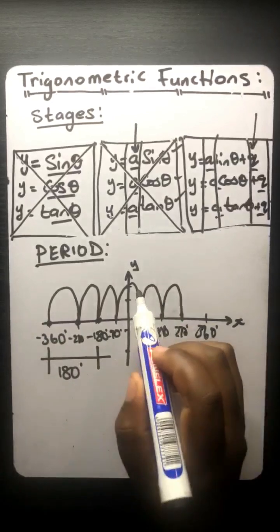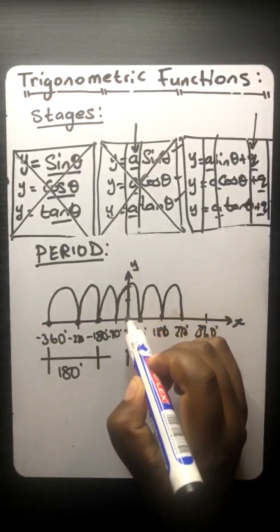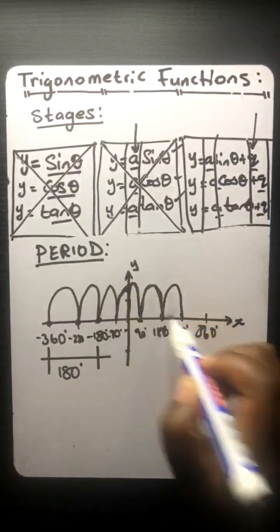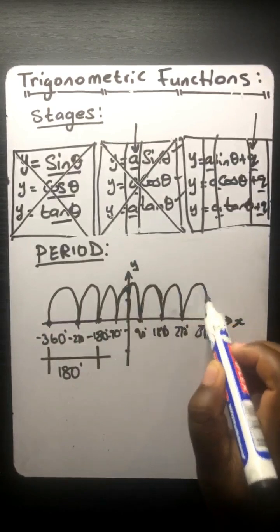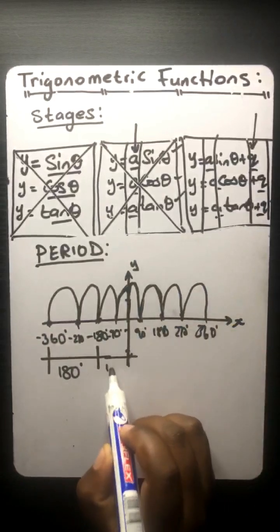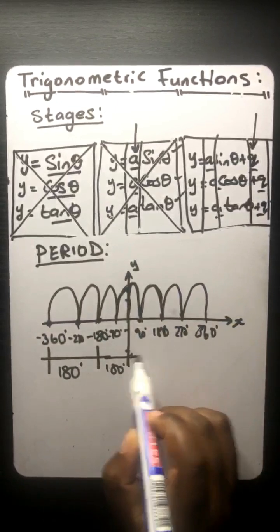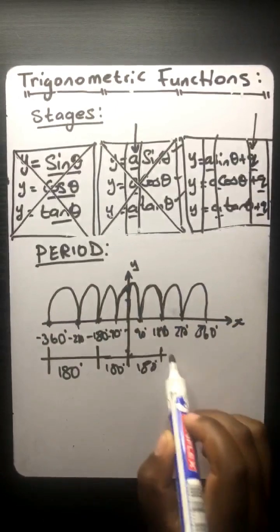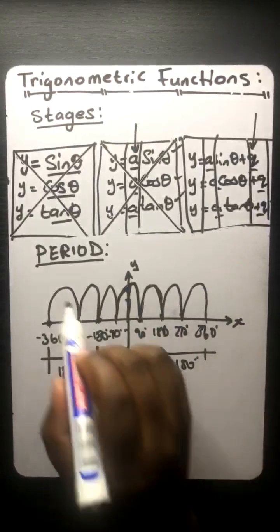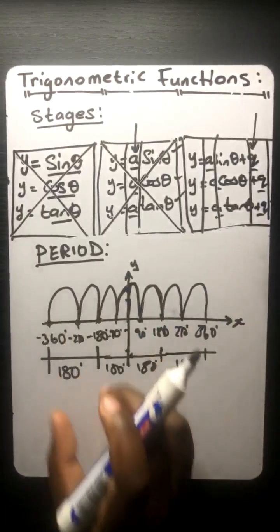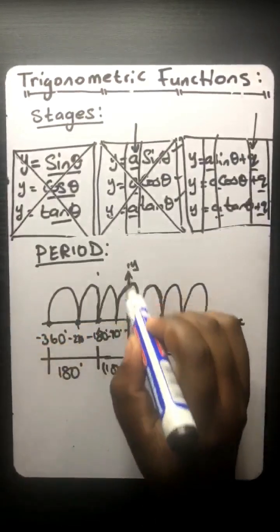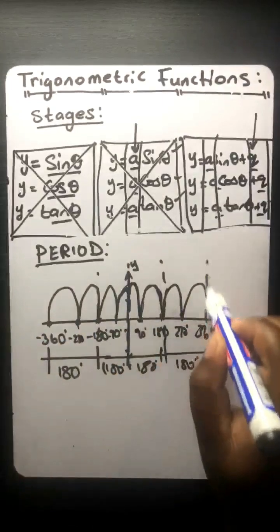Actually, the m had to end there, and then the new one starts from there. So from there to there is another period of 180 degrees, and then another m over a period of 180. So the period is actually 180, because after every 180, it repeats that same shape.